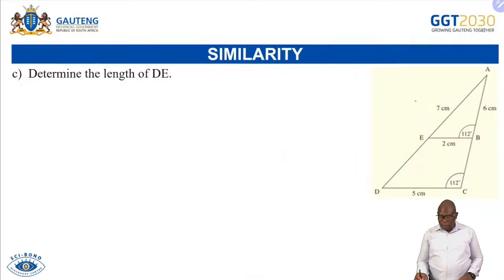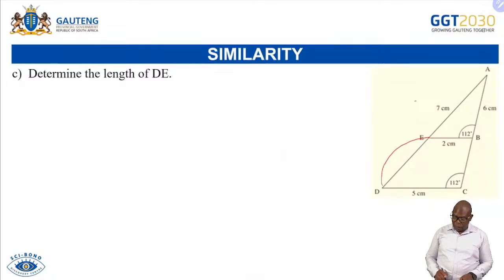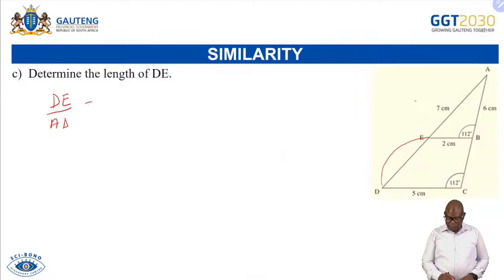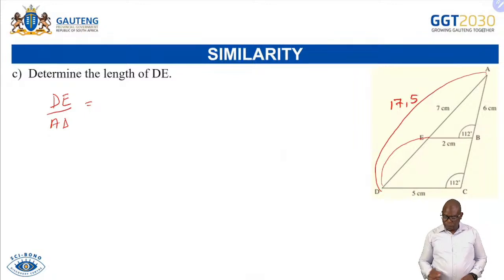The length of DE there. So now I don't have the length of DE here. So now let's get the length of DE. How am I going to get DE? If I use the ratio DE over AD, AD I already have as 17,5, right?